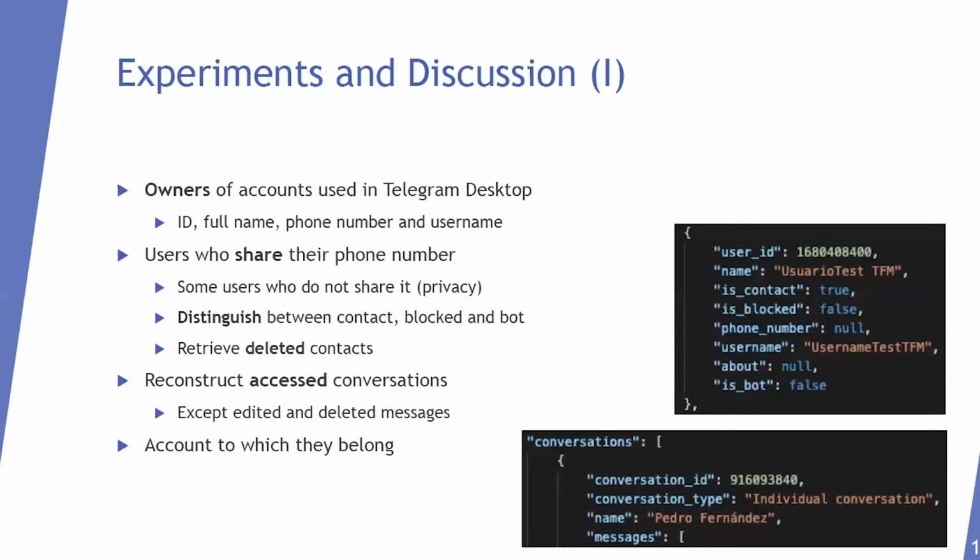And for these users that don't share their phone number, we cannot get their phone number from memory. For each user, in addition to their ID, their phone name, their phone number if they share it, and their username if they have one, we can distinguish if they are a contact, if they are blocked, or if they are a bot. And we have also been able to retrieve deleted contacts.